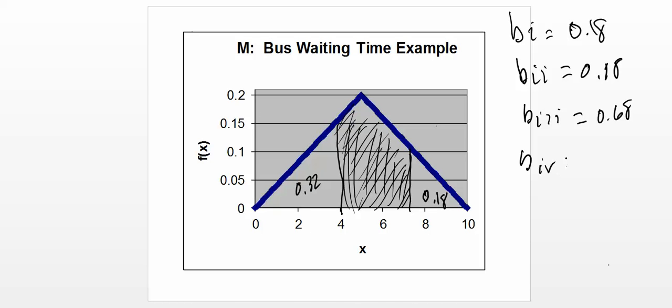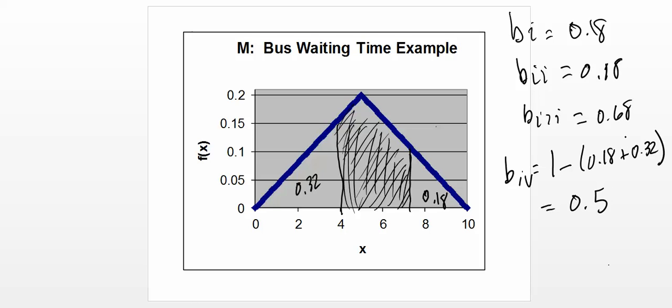So B-IV is equal to 1 minus the quantity 0.18 plus 0.32, and that is equal to 1 minus 0.5, which is equal to 0.5.